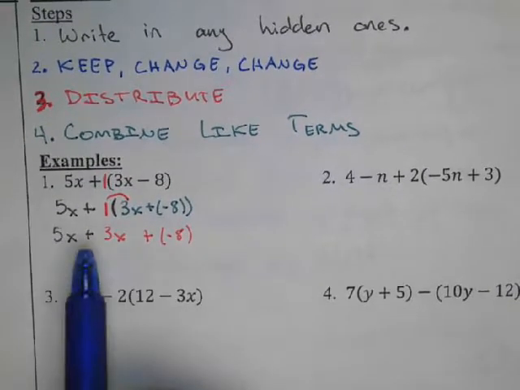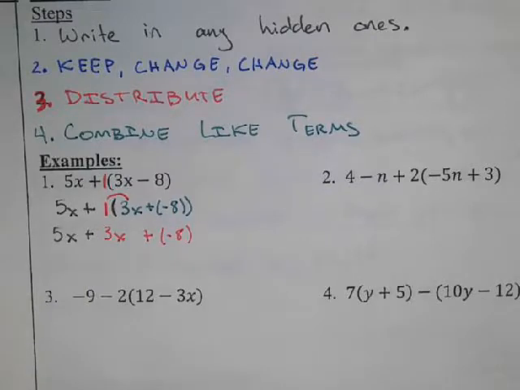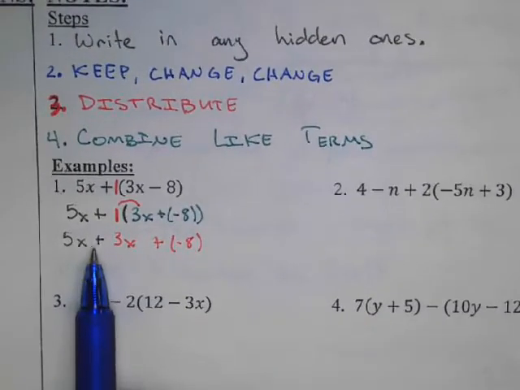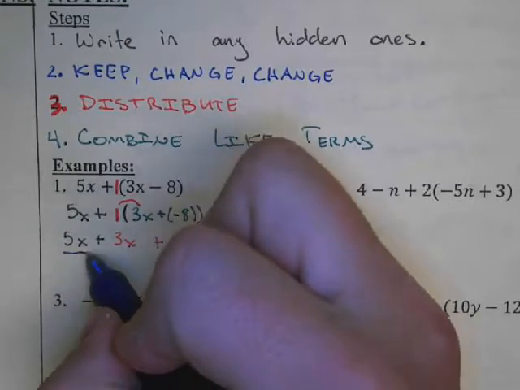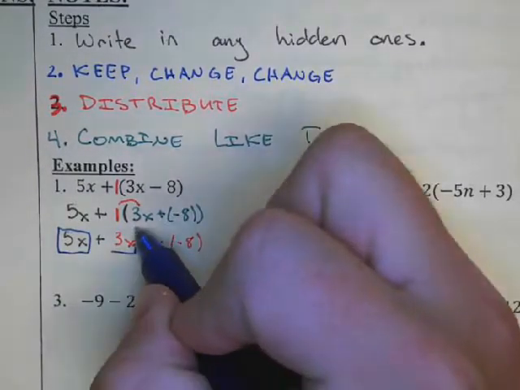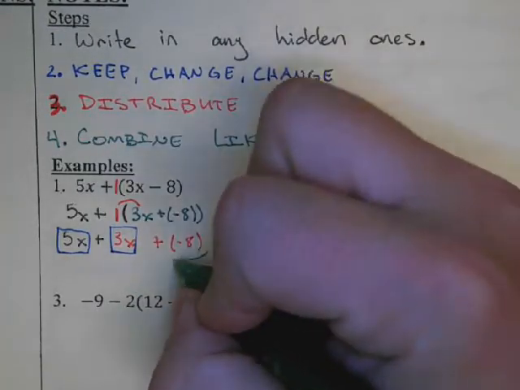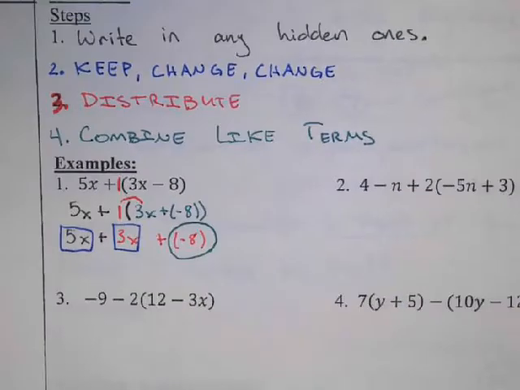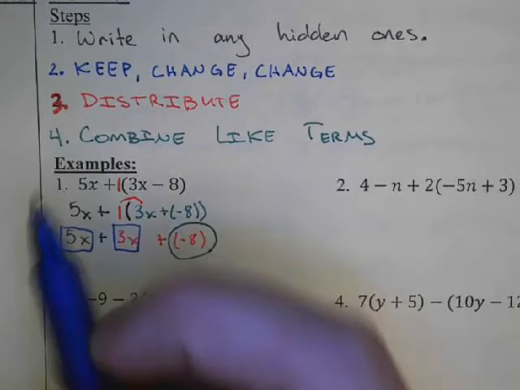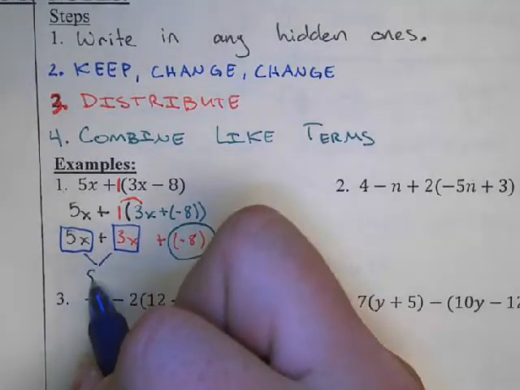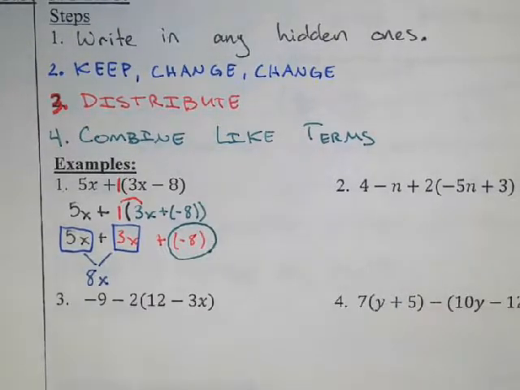Well, first we need to identify like terms. Anything with an x is alike. So I have this 5x, and I have this 3x. Those are alike. And then I have a constant that's all by itself, so I have the negative 8. And that's the only constant. So let's combine our like terms. 5x and 3x, same signs, add, and keep that x. So 5 plus 3 is 8, and we get 8x.